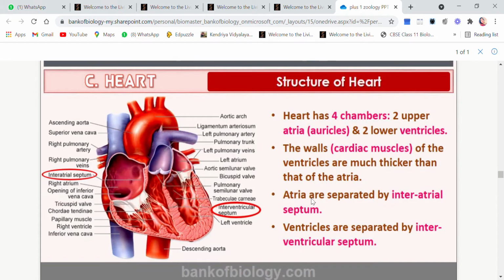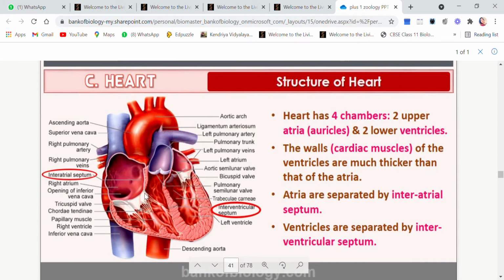Now the two auricles are separated by interatrial septum. So you see they have highlighted it for you. This is interatrial septum. So the two auricles are separated by interauricular septum.